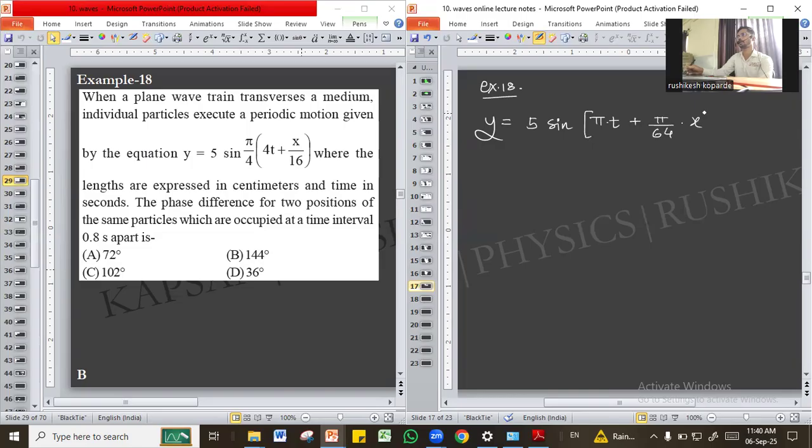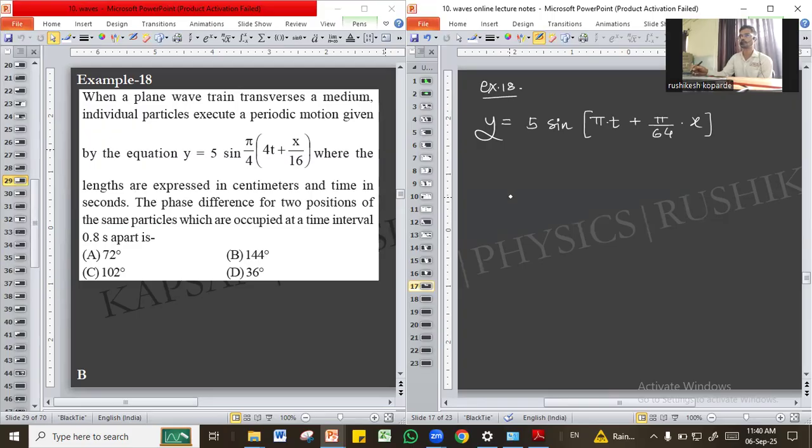Always write complete coefficients of time and position, step 1, so that you can get omega. Omega is not 4. Omega is pi. You have to multiply this inside. Only the complete coefficient of time will give you omega, and the complete coefficient of x will give you k. Lengths are expressed in centimeters, and time is in second.